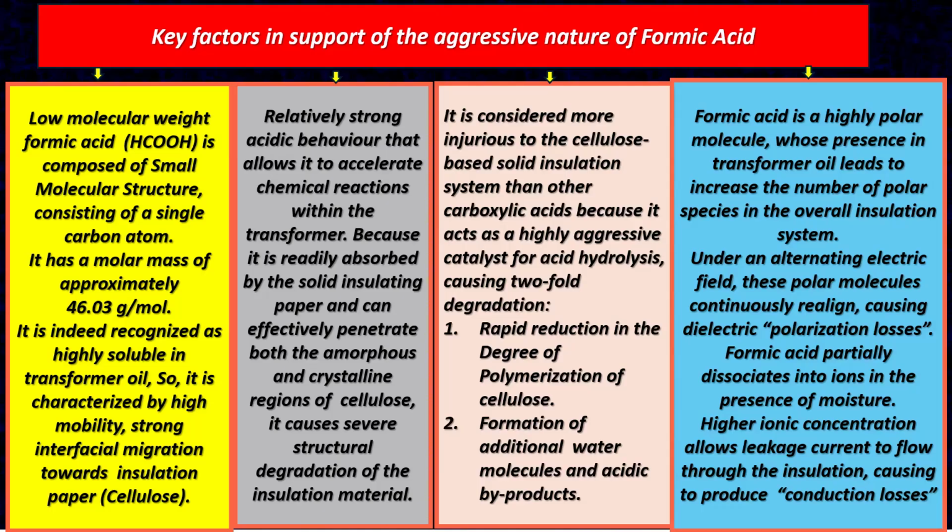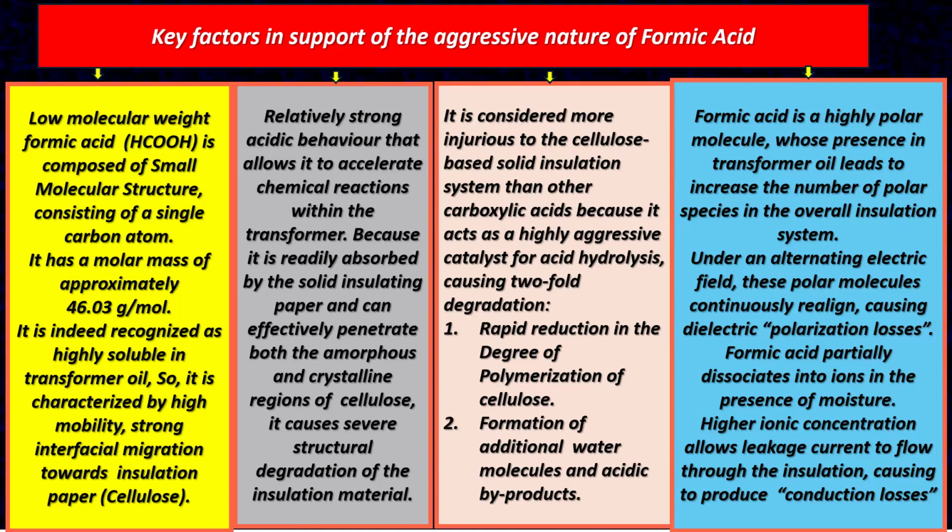It is a relatively strong acid, which allows it to accelerate chemical reactions within the transformer because it's readily absorbed by the insulating paper and can effectively penetrate both the amorphous and crystalline regions of cellulose.